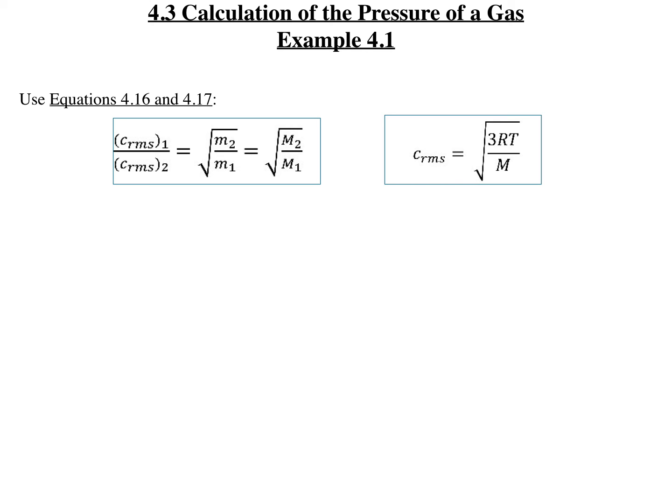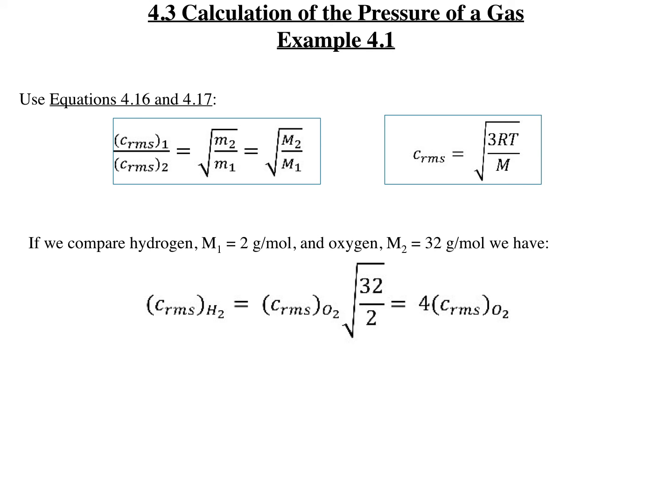This is because the equation on the right hand side shows that mass and speed are inversely related to each other, through the square root function. So that is equal to the square root of M2 over M1. Simply replace the masses by the molecular masses. In this case, we compare the CRMS of hydrogen with that of oxygen.